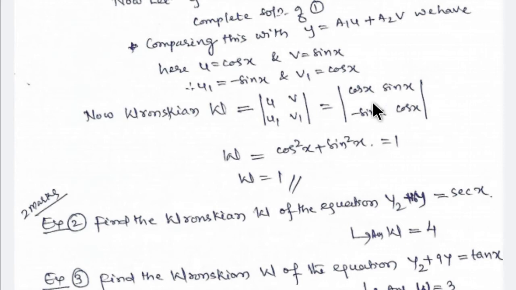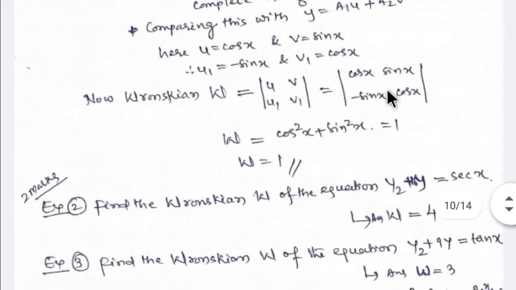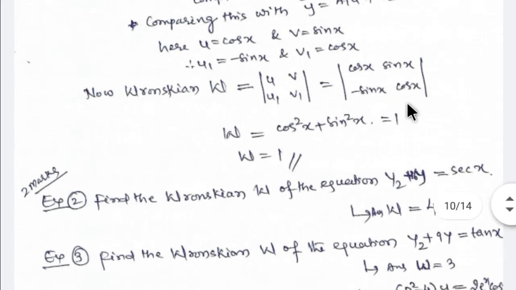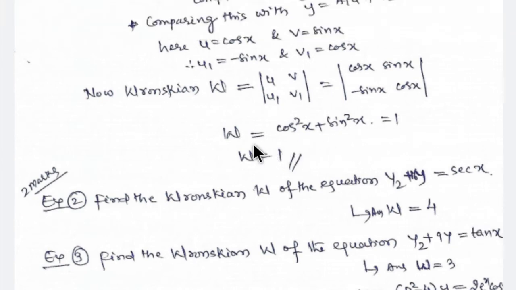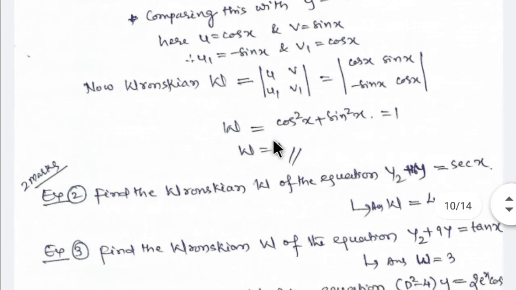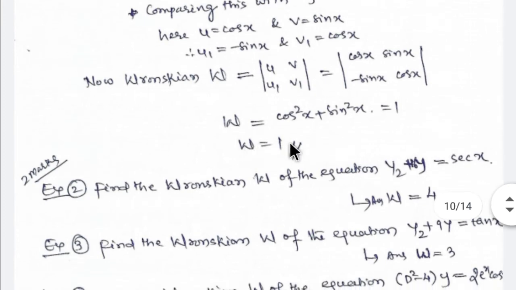If you expand this determinant, W equals cos square x plus sin square x, which equals 1. So the value of Wronskian W is 1 here.